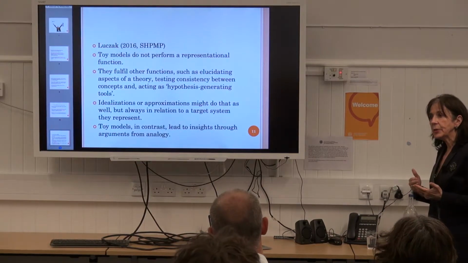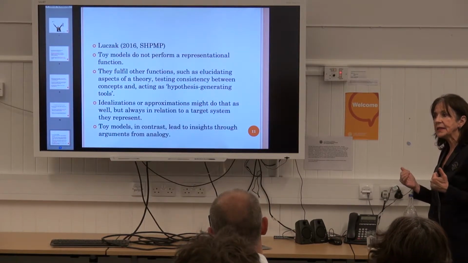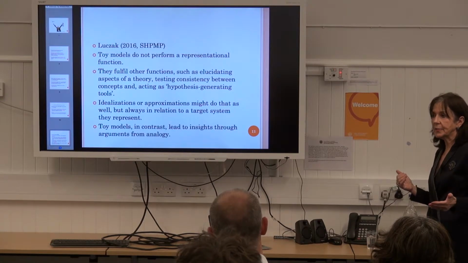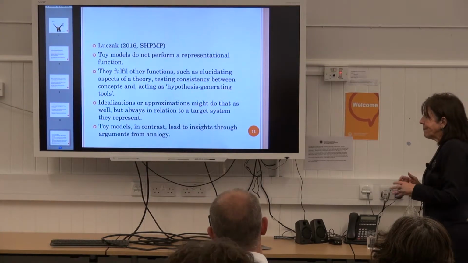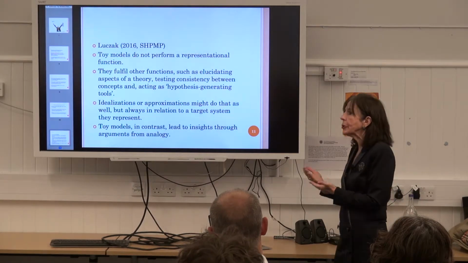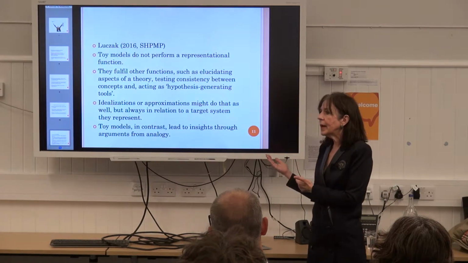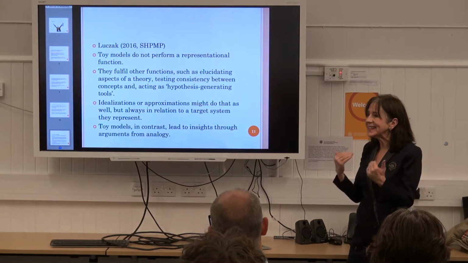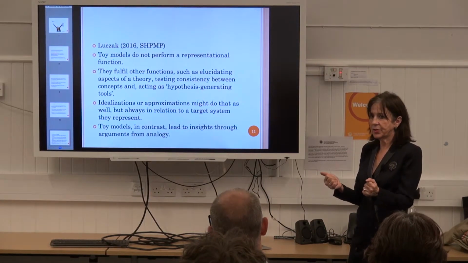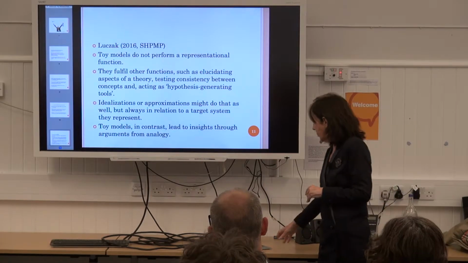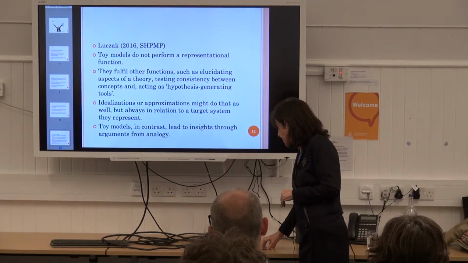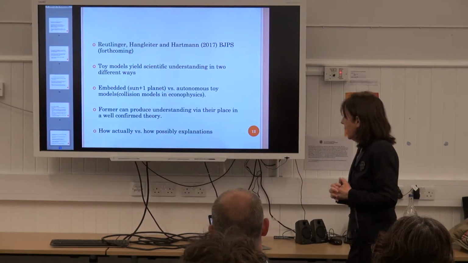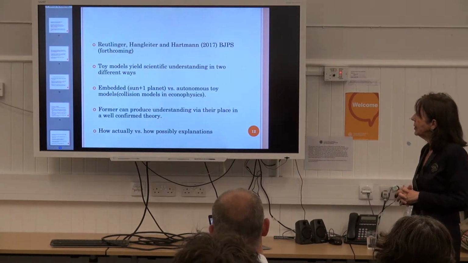So what they do, he wants to say, is they lead to insights by using analogies. I think there's a sort of internal inconsistency here, because if you're using analogies, you're involved in some kind of representational strategy. But my point is not to argue against this. I just wanted to illustrate it for purposes of talking about toy models.